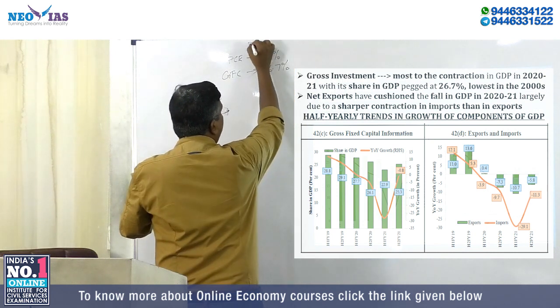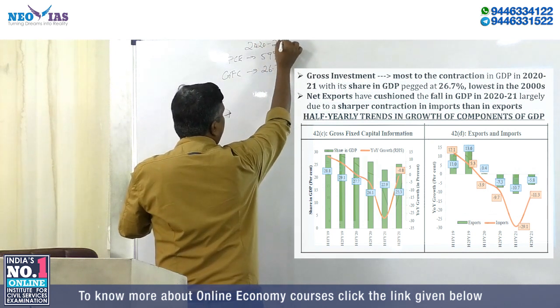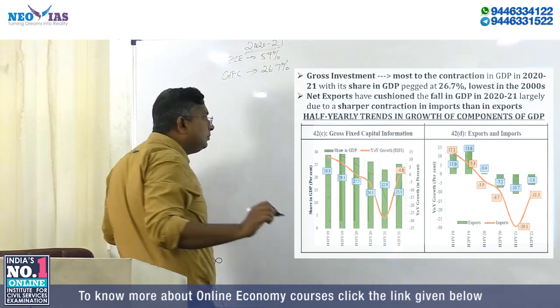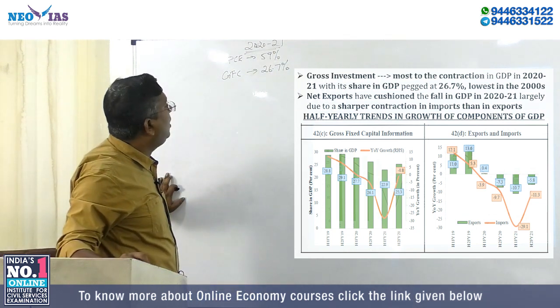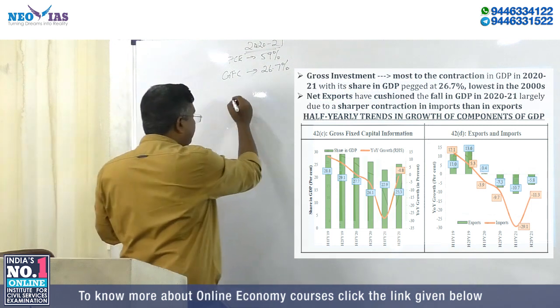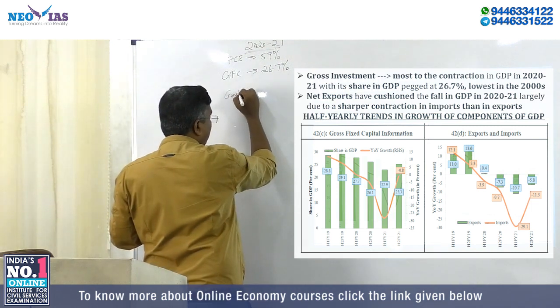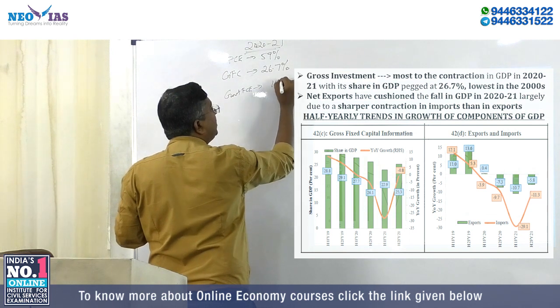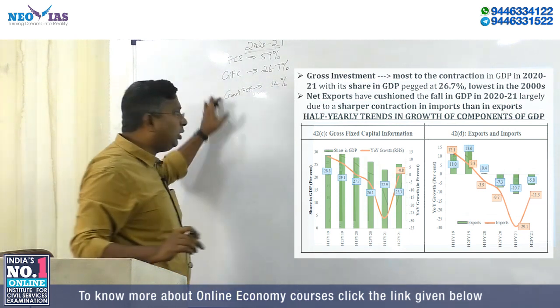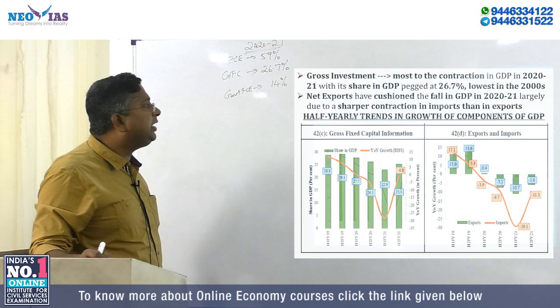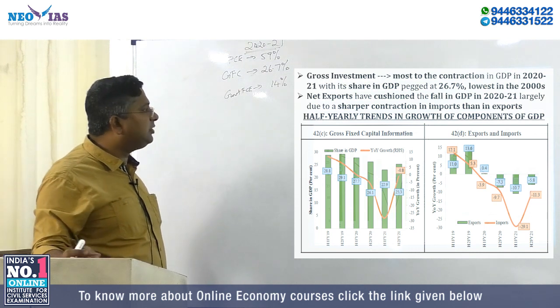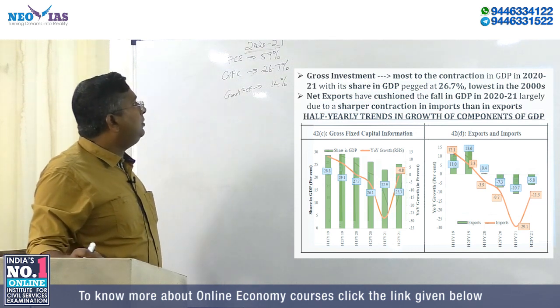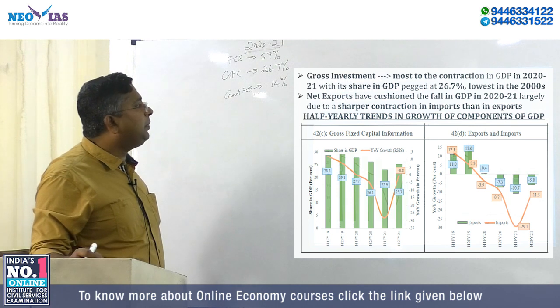We are taking the year 2020-21. Third one is government final consumption expenditure. It is around 14%. So this order you see, and that net export is negligible. It's not that high, it's very low. So this you keep in mind.